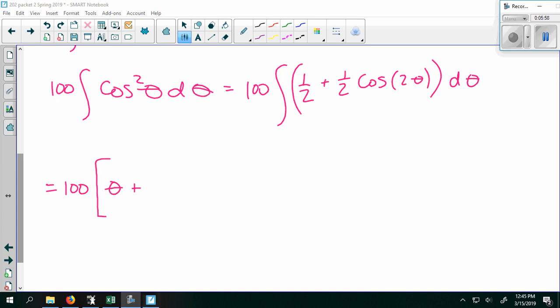So I'm going to ignore the constant for the moment, and I'm going to say the antiderivative of cosine 2 theta is sine 2 theta, but then I'd have to divide by 2, sine 2 theta over 2. So that actually means I'm done. Sine 2 theta over 2.